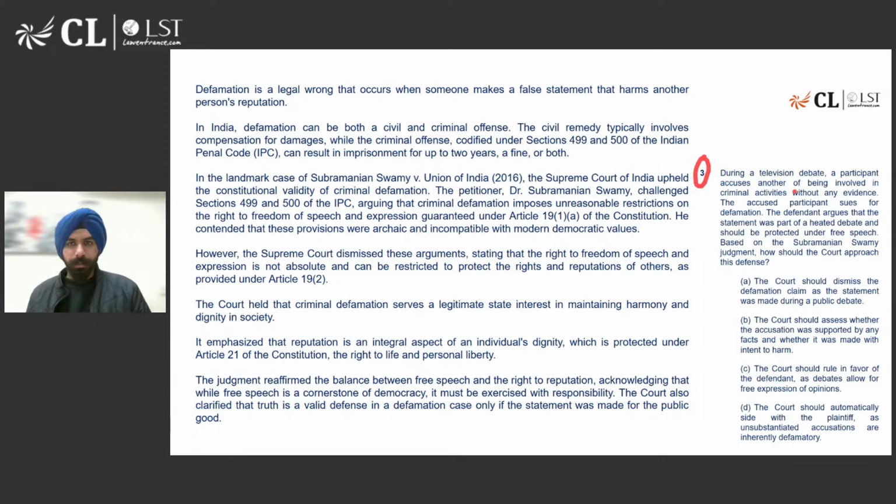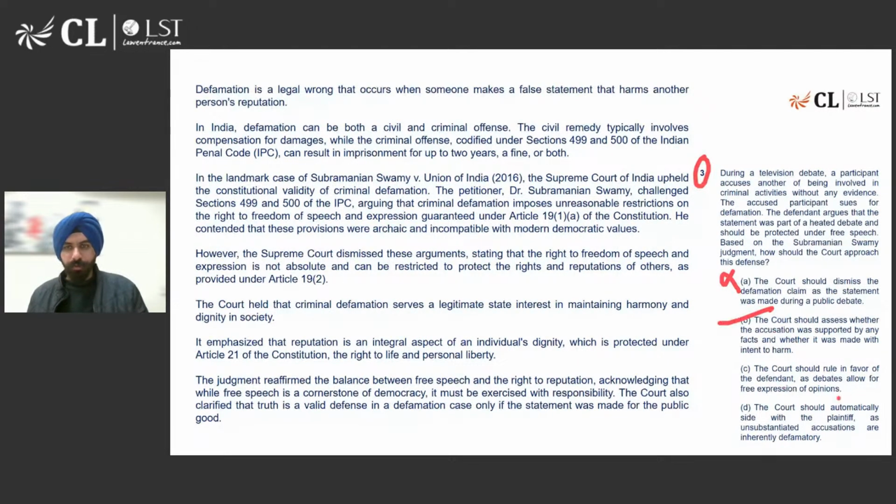During a television debate, a participant accuses another of being involved in criminal activities without any evidence. Accused sues for defamation. Defendant argues that statement was part of heated debate, should be protected under free speech. Court should dismiss the defamation claim as statement was made during a debate? No, that is not enough. Should assess the accusation if it was supported by facts or whether it was with an intention to harm. That is the basic principle of defamation.